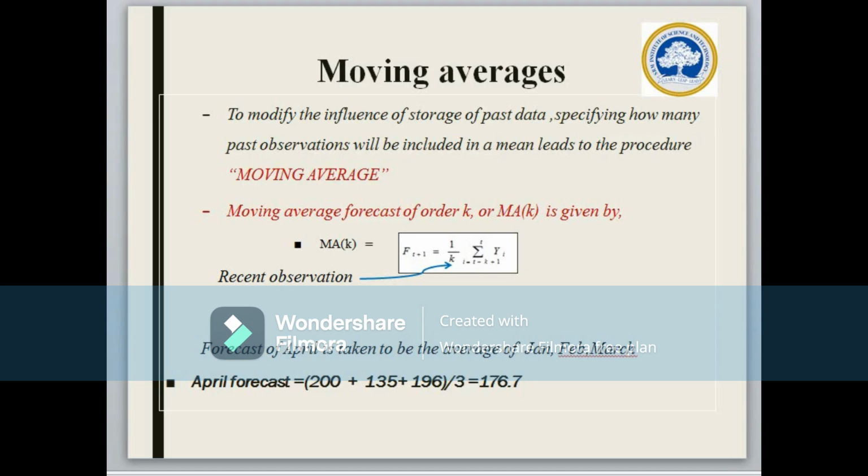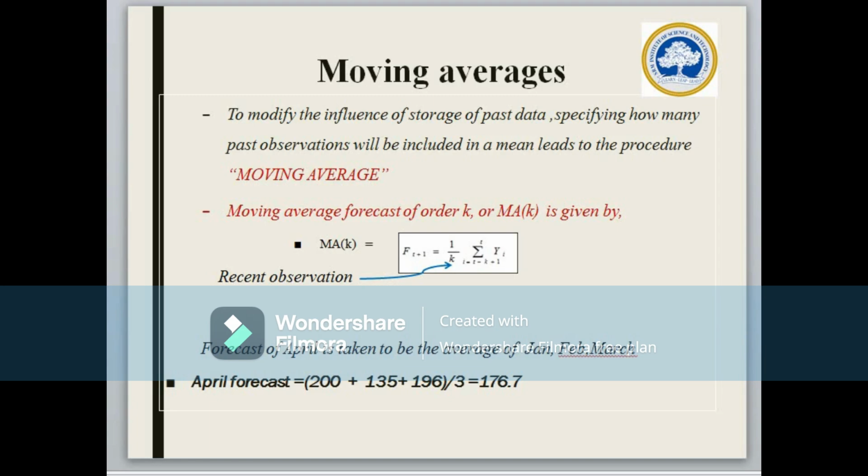So I have given April forecast equal to 200 plus 135 plus 196, that is the value of the shipment data, which I have already shown in the table, divided by 3 equal to 176.7. That is the previous recent observations which are used for moving average. This is one of the methods for moving average.